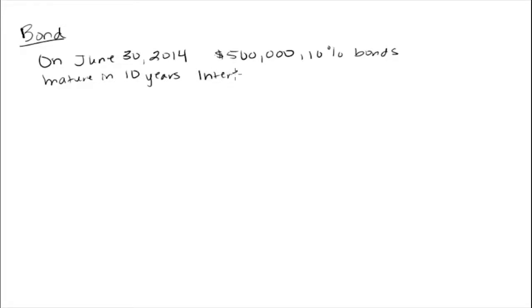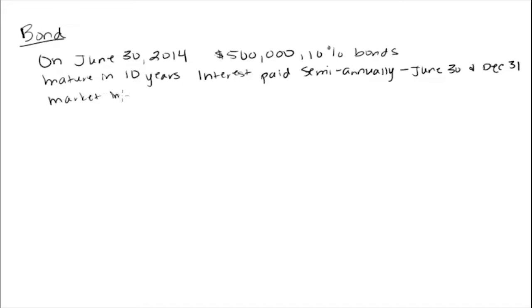Interest is paid semi-annually. And let's say that it's paid on June 30th and December 31st. And then let's also put down here that market rate of interest is 8%.